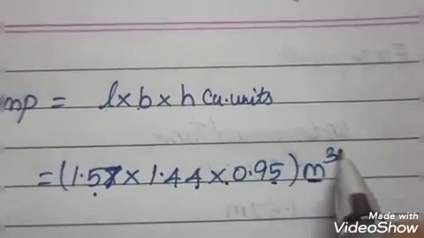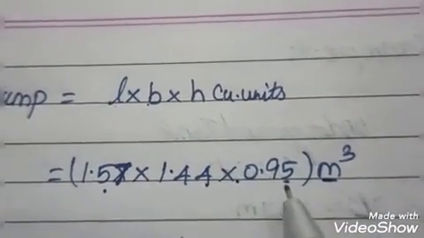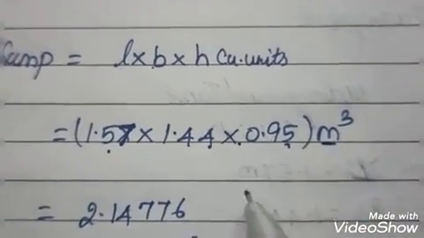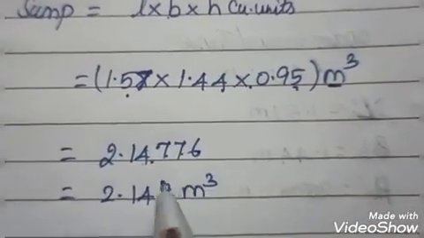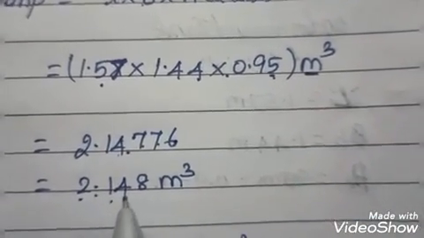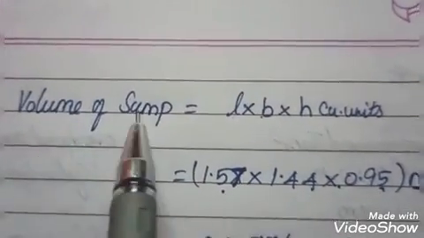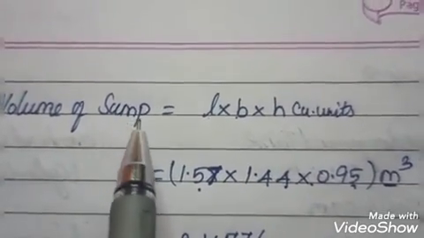So 1.57 into 1.44 into 0.95. If you multiply these three values, you get 2.14776. If you take it approximately, 2.148 meter cube. So this is the volume of the sump, that is the volume of the underground tank. It is in the shape of a cuboid.